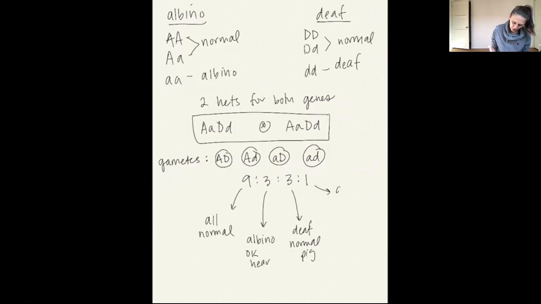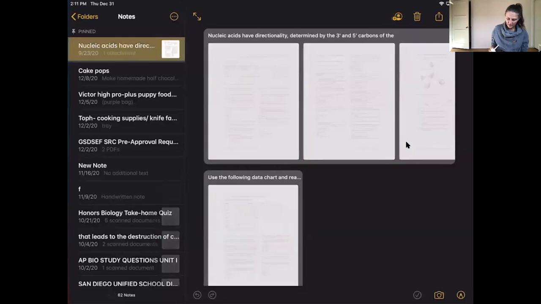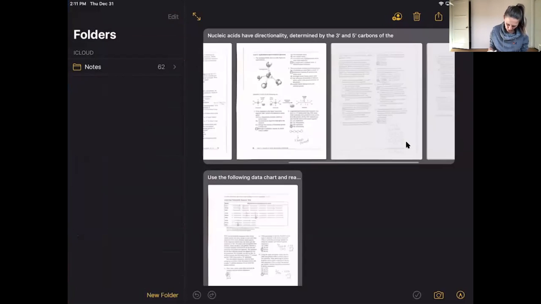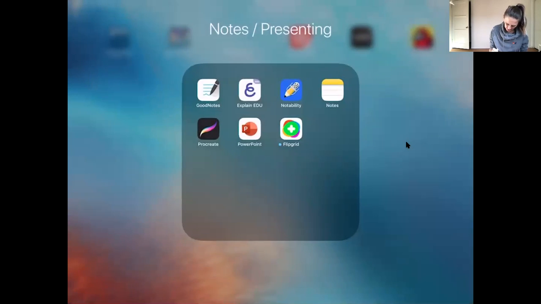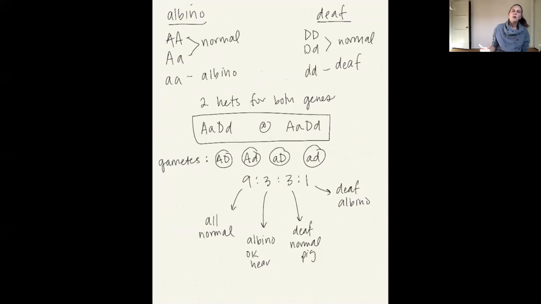And here we would have deaf, albino. All right. So we don't even have to do the cross if we know this ratio when we have two doubly heterozygous mated together. So the chances would be 1 in 16 for our deaf albino person.